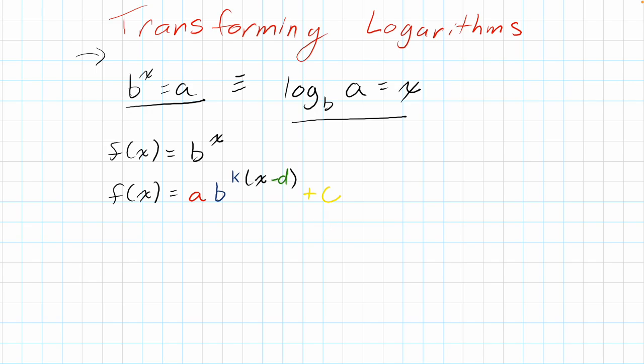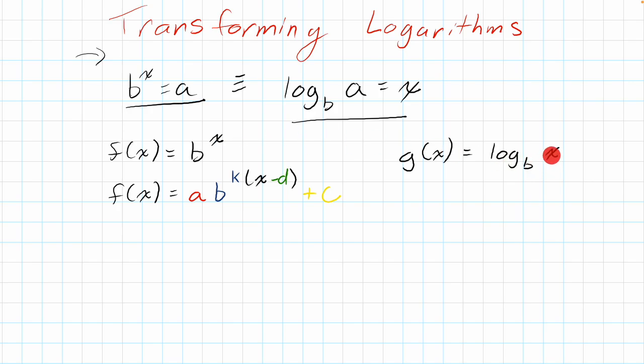Your logarithmic function, if we were to write function notation, I might write our original one to look like this: g(x), a different name because it's technically a little bit different, is equal to log base b of x.